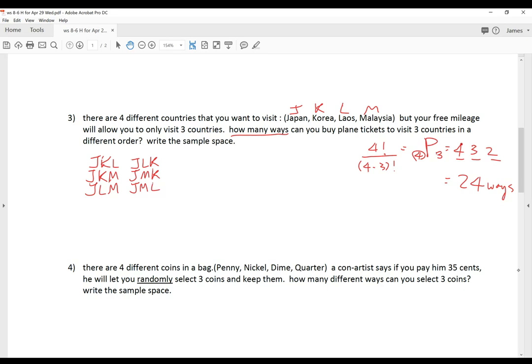Now I'm going to start with K. So you want to go to Korea first. You're just going to go to K, and then I'm going to start with the first letter, so J and then L. Don't repeat any of the letters. You cannot do KKK. That's not possible here. And you could switch the last two letters.